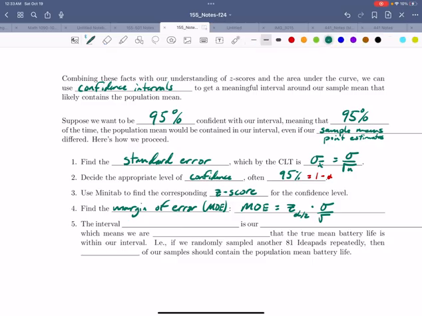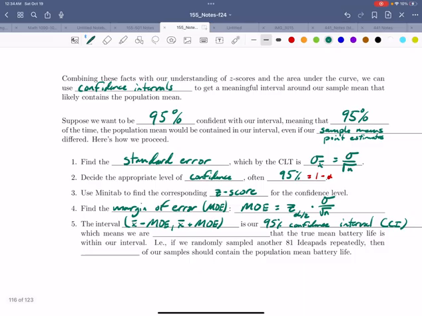And then the interval x bar minus the margin of error to x bar plus the margin of error. Remember this parentheses notation for an open interval is our, in this case, 95% confidence interval. Or I might just abbreviate it as a CI.